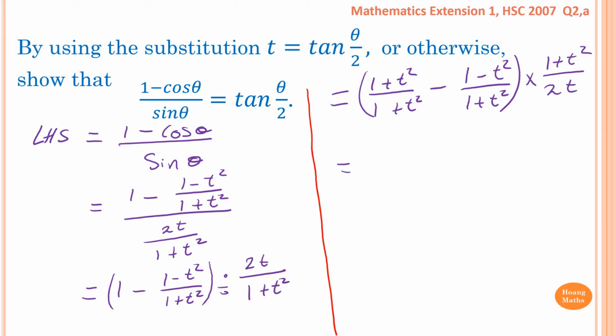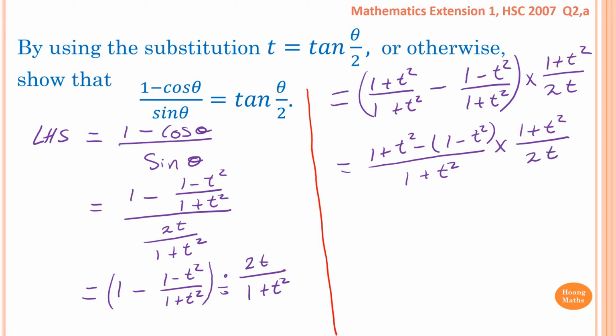Now to simplify the fractions, I just write in the whole fractions. So minus, don't forget the brackets because it's minus the whole lot, 1 minus t squared all over 1 plus t squared, times 1 plus t squared over 2t. Now we can cancel this out, and 1 minus 1 is gone, so now t squared minus minus t squared is plus t squared.